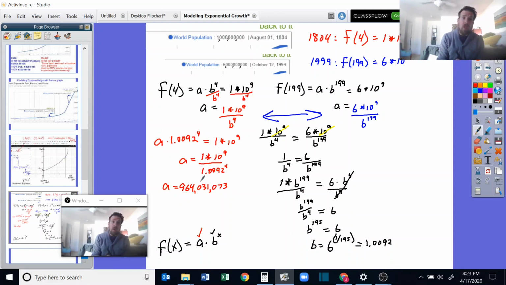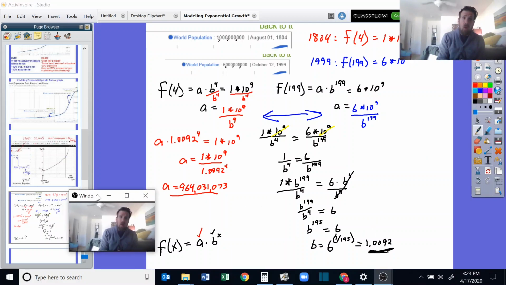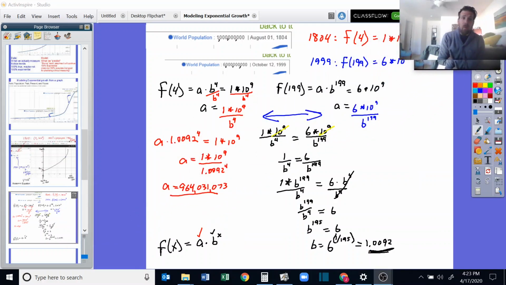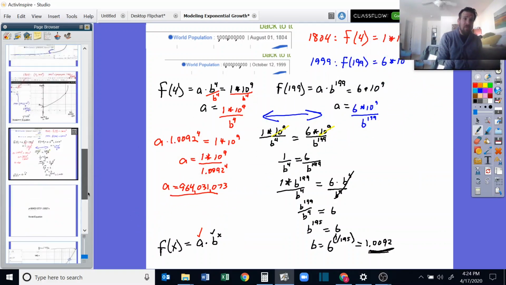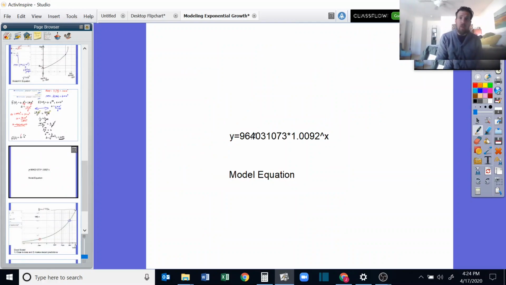So that tells me what my starting point is, and it tells me what my growth rate is. And so now what I have is a model that works. This is my model equation. It tells me my starting point, this is my A, is this 964 million-ish number that we had in the year 1800.